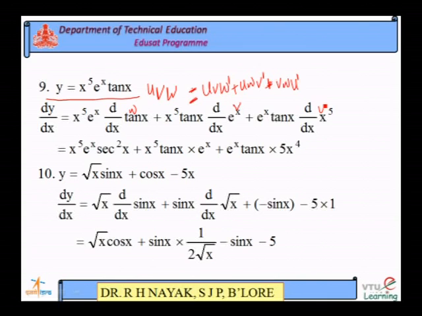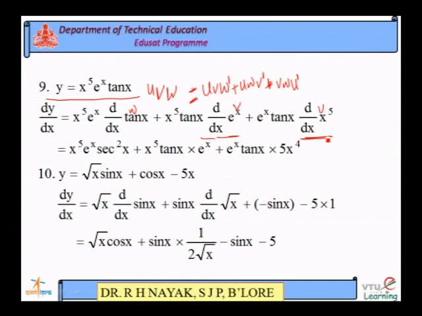Differentiation of tan x is secant square x, plus x to the power of 5 tan x is taken as it is, differentiation of e power x is e power x. Keep e power x tan x as it is, differentiation of x to the power of 5 is 5 x to the power of 4.